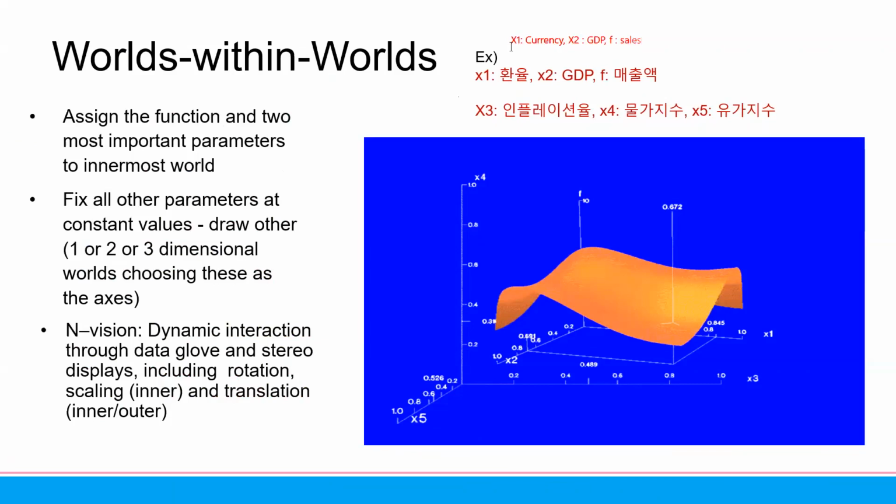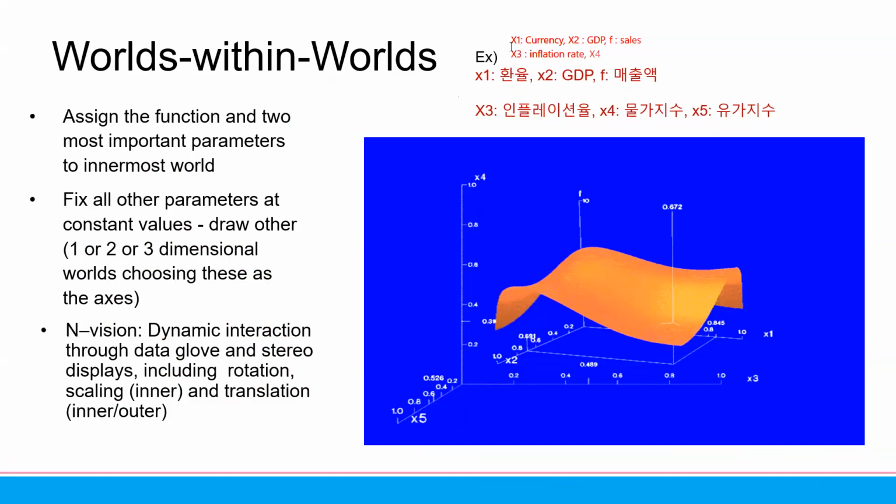So if I know the data about the currency, and I know about the GDP, what is the function to see our sales? And we want to see whether there is an effect from another variable. Let's say this is the inflation rate.